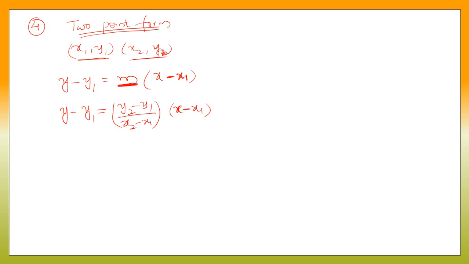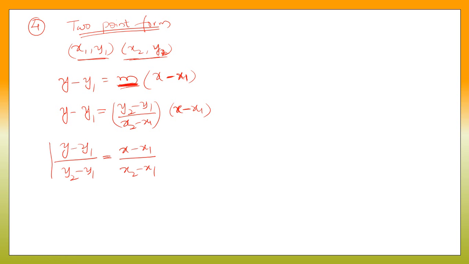Already we know that when 2 points are given, we can write the slope as (y2 minus y1) by (x2 minus x1). So if I move the variables of y and x to one side, I can write it as (y minus y1) by (y2 minus y1) is equal to (x minus x1) by (x2 minus x1).